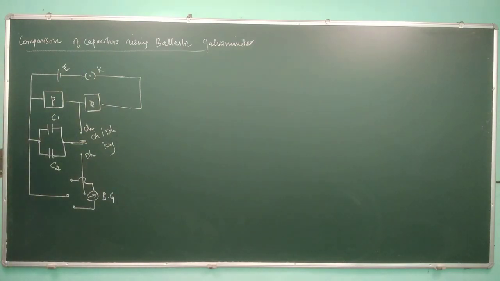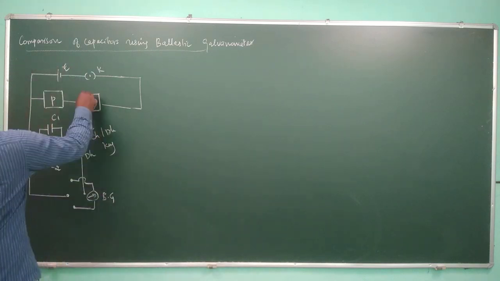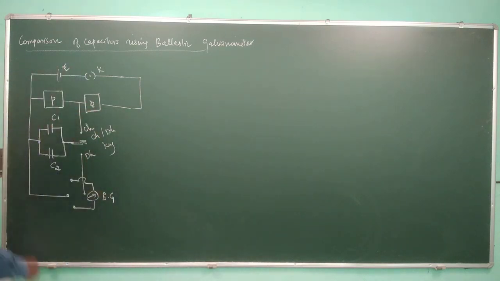Now what is the procedure to do this comparison of capacitors using a ballistic galvanometer? It's very simple. Earlier we compared the electromotive forces. In this case we are going to compare the capacitors.